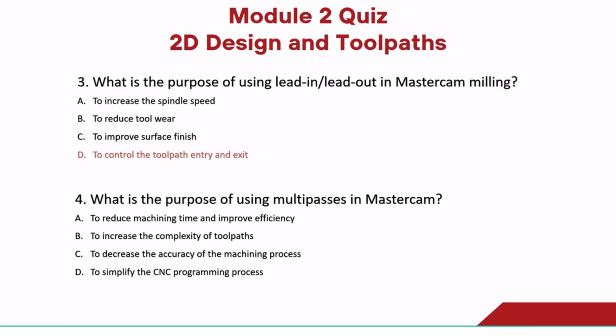So the next question, what is the purpose of using multi-passes in MasterCAM? Option A, to reduce machining time and improve efficiency. Option B, to increase the complexity of toolpaths. Option C, to decrease the accuracy of the machining process.